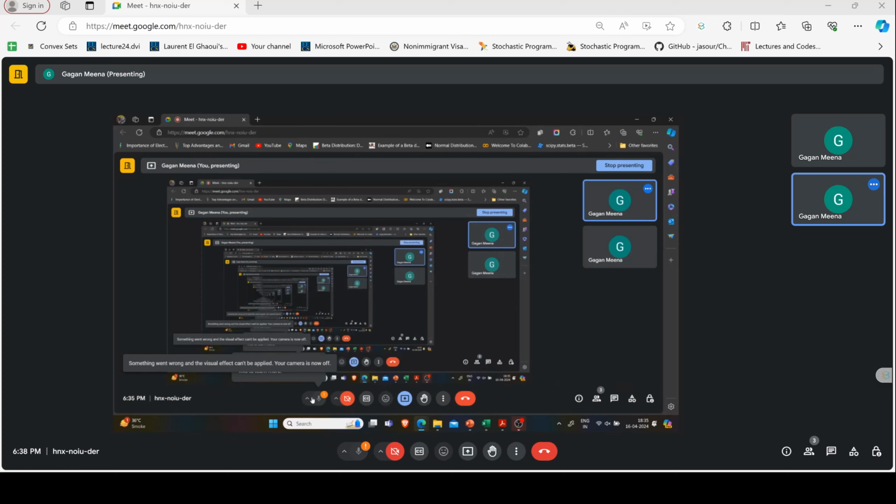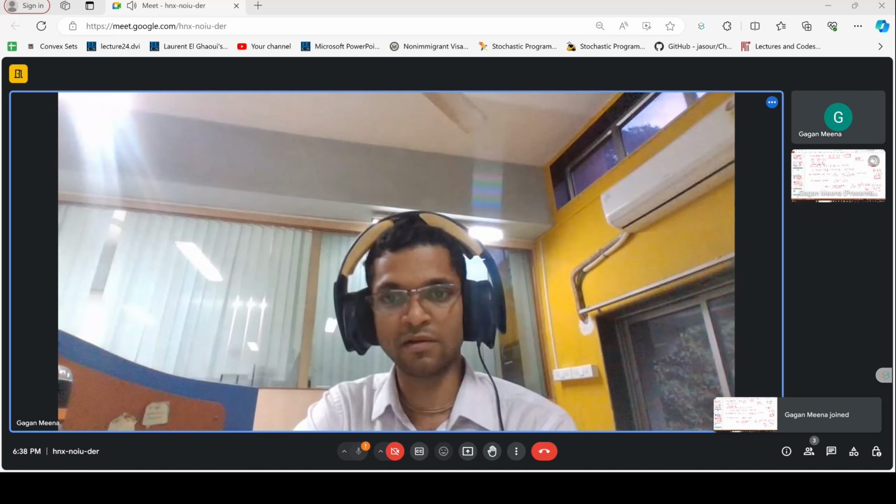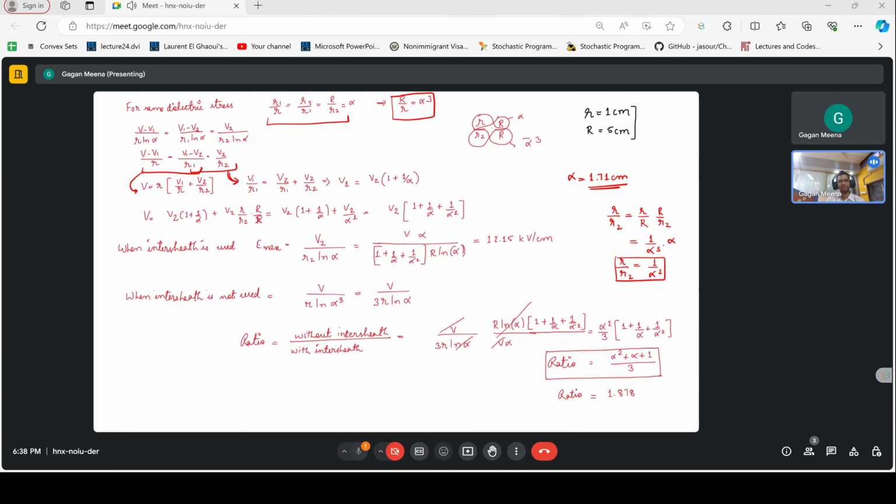So we are talking about this. V2 divided by R2 ln alpha, and V2 we can write in terms of V. It will be V divided by (1 plus 1 by alpha plus 1 by alpha square), and R2 we can write as R divided by alpha. So this is when intersheath is used.